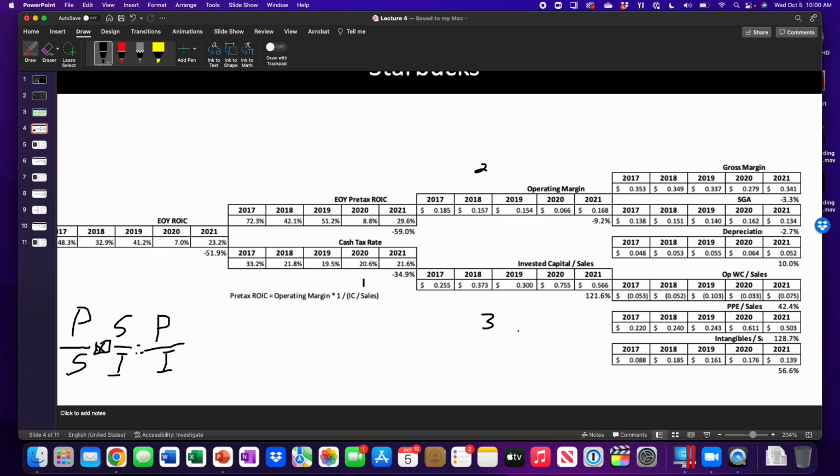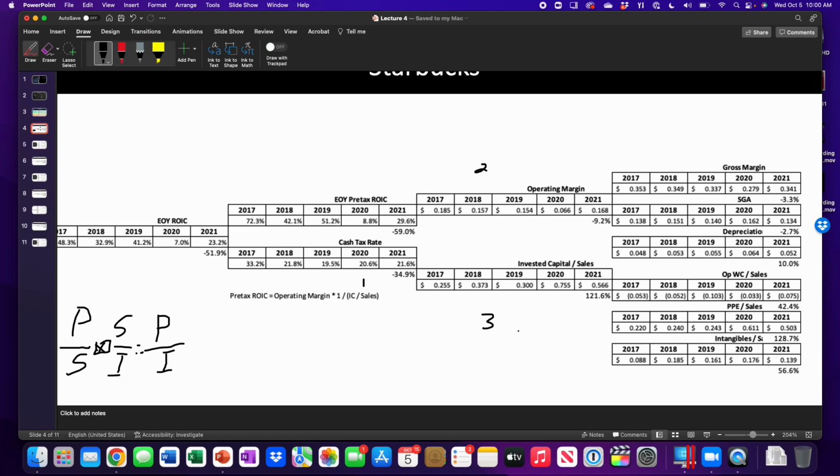Now the operating margin also worsened, but not as much as the impact of that PP&E and the productivity drop. And the operating margin did worsen because of a slight decline in gross margin from 35.3 to 34.1. That was the driver of the operating margin going down from 18.5 to 16.8. But again, that did not have the bigger impact. The real big impact in the drop in pre-tax ROIC was the spending, particularly on the PP&E.